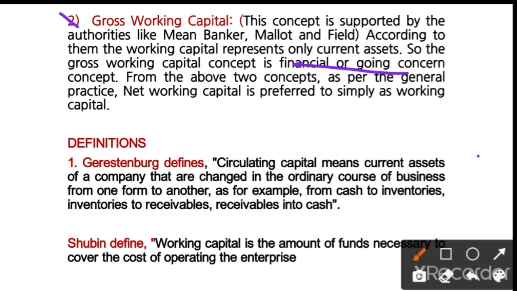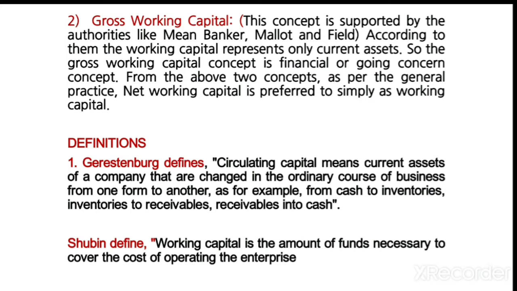As per gross working capital, it represents only current assets. The gross working capital concept is the financing or going concern concept. From the above two concepts, as per general practice, net working capital is preferred to simplify working capital.